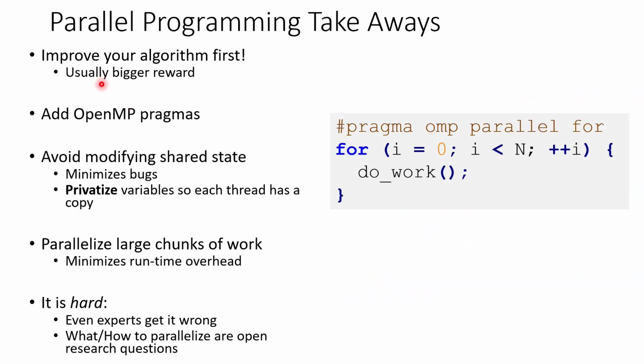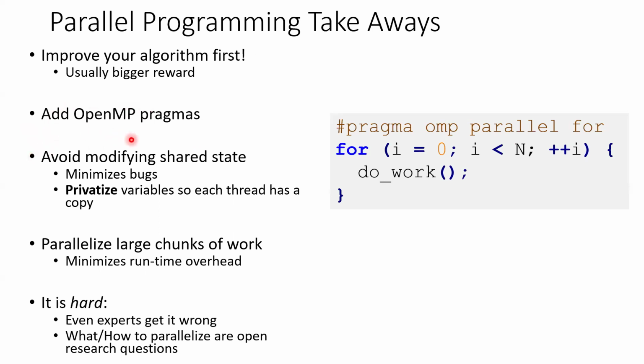So takeaways. First, always improve your algorithms before attempting to parallelize, because improving your algorithm is usually a bigger reward. Use the OpenMP pragmas because they are flexible, higher level, and easier to use.